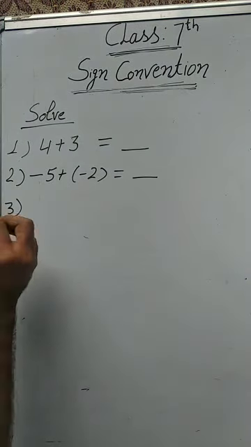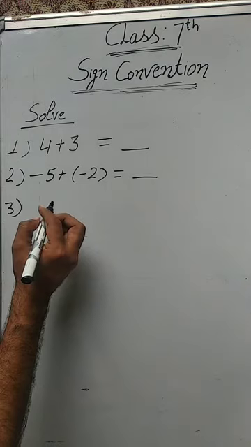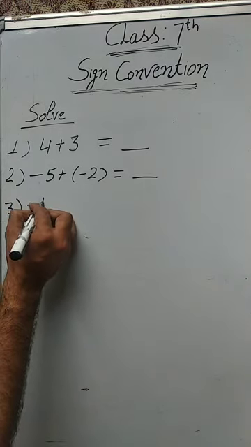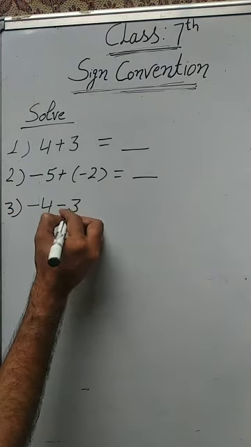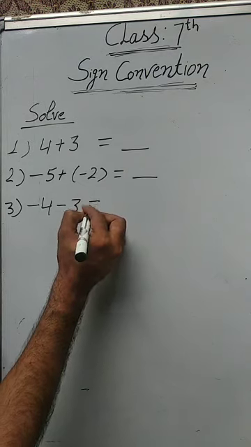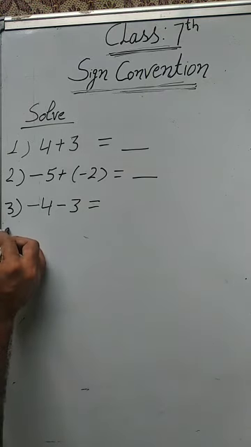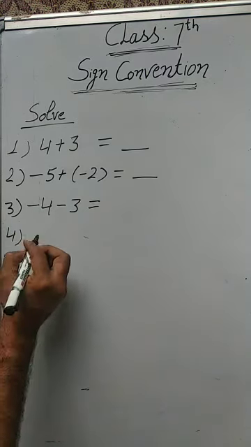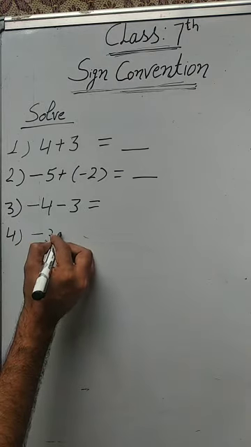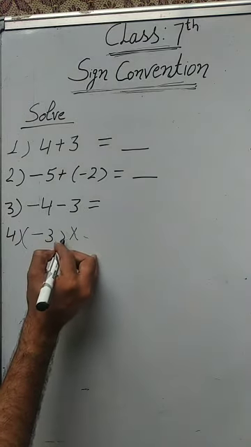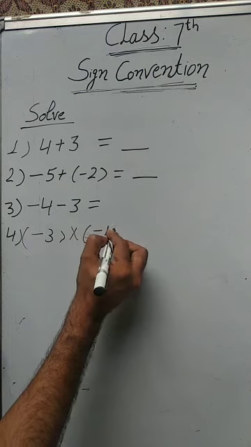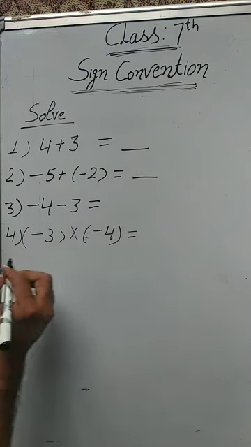Your third question, minus 4 minus 3 is equal to. Fourth question, minus 3 multiply minus 4 is equal to.